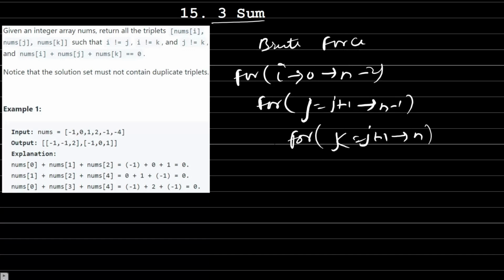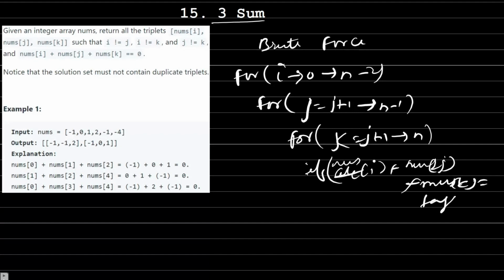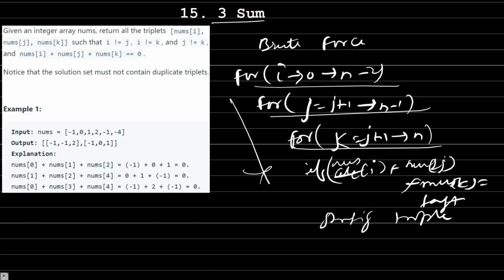Then we will check if nums[i] plus nums[j] plus nums[k] equals the target, then we will store the triplet. So you can see in this method we are doing three nested for loops.